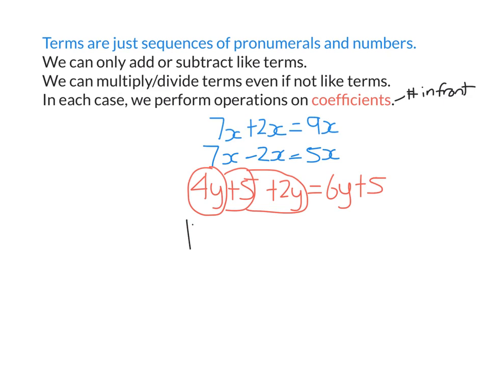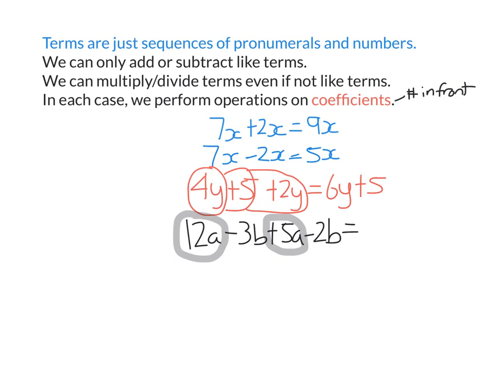So let's have something like 12a minus 3b plus 5a minus 2b. So 12a, that's a term, and then I have plus 5a is a term. So 12a plus 5a, because they're like terms, I can add them. So 12a plus 5a is 17a.